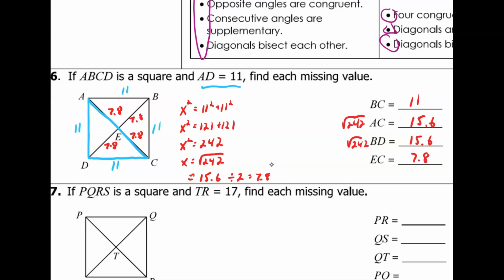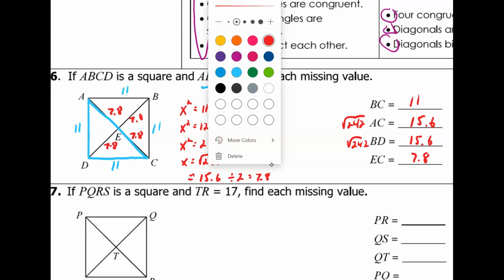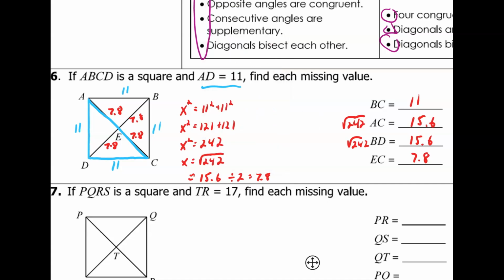That's the first thing you need to be able to do, and you can do that with either one of those right triangles. By the way, had you chosen to do this with this right triangle, it would have been a slightly different process, but you would have 11 squared equals x squared plus x squared, and you would have to solve that equation.